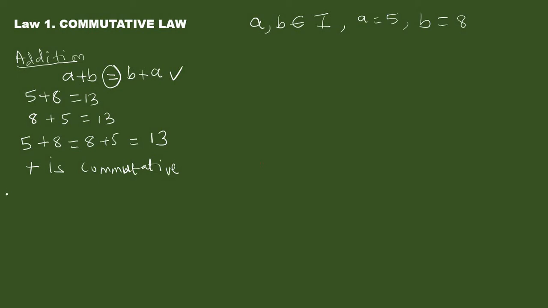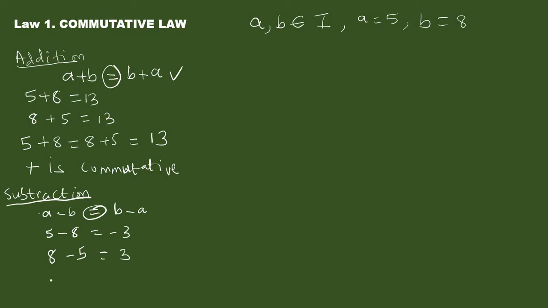Let's try subtraction. Is subtraction commutative? Let's see if A minus B will be equal to B minus A. Still using our values, we have 5 minus 8 giving us minus 3, and then 8 minus 5 giving us 3.